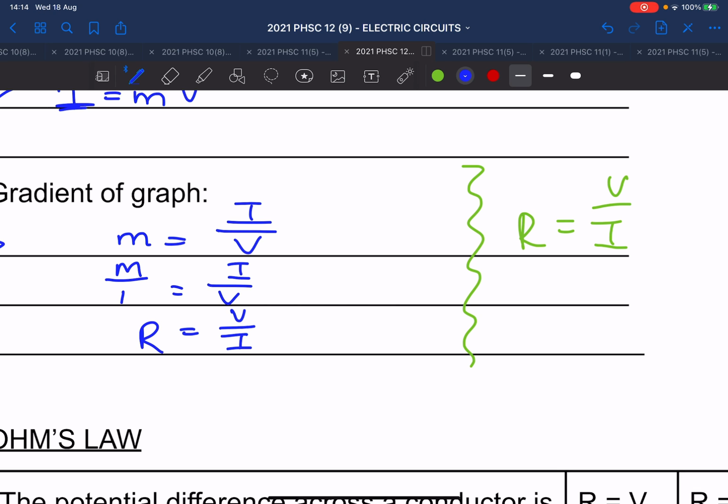So if I go back, reverse, then I over V is equal to, no, wait, I confuse myself now. That is equal to resistance. Swap them around. That is 1 over R.